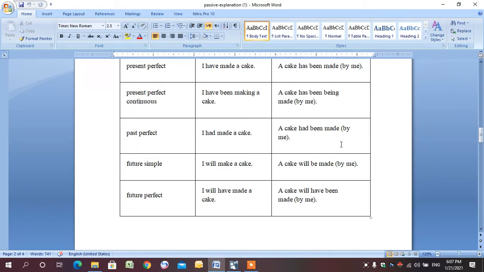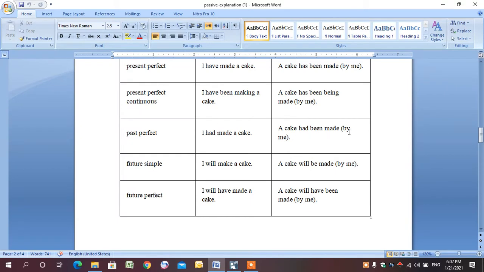What will happen if I want to change it back from the passive form into the active form? Now, if you have by me, you can start with I. But if you don't have an object here, or if you don't have something to start with, you can come up with any subject you want.